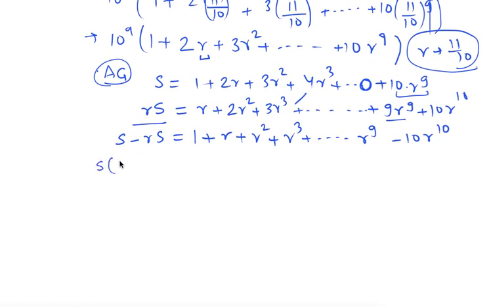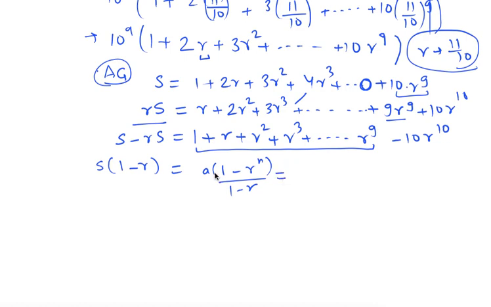So this becomes, now this is a simple geometric progression and the number of terms are 10, and the sum of a geometric progression is given by a into 1 minus r to the power n upon 1 minus r, where n is the number of terms, a is the first term, and r is the common ratio.